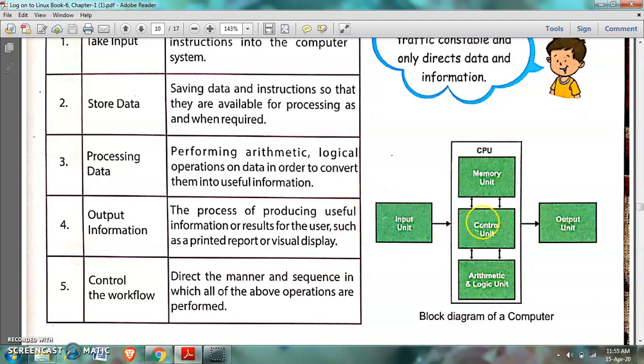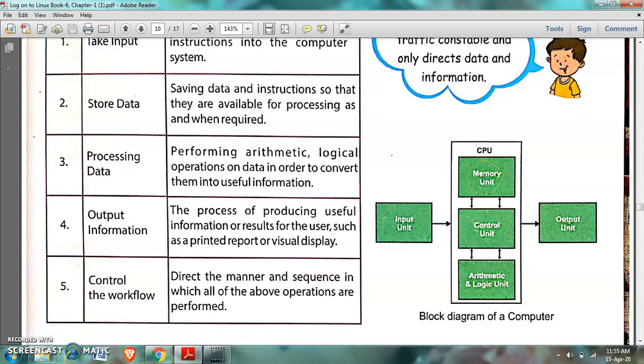See, the input comes inside the CPU. The input is taken by the CPU. Then it is stored, it is processed, and it is directed or managed by the CPU. These three units are very, very important.